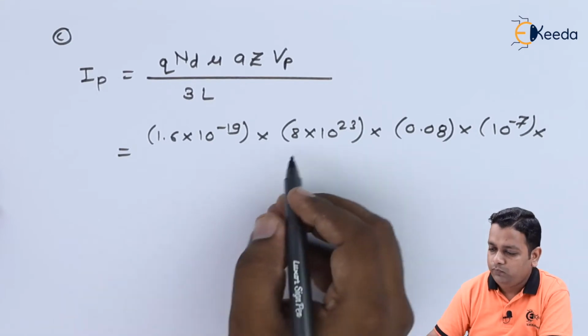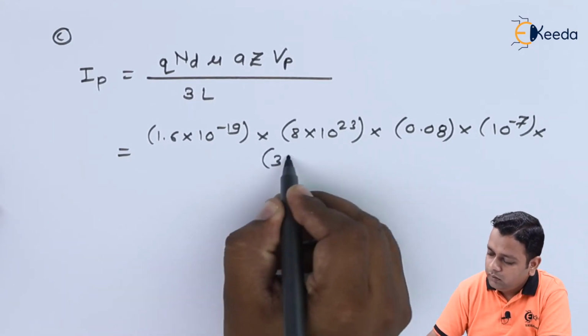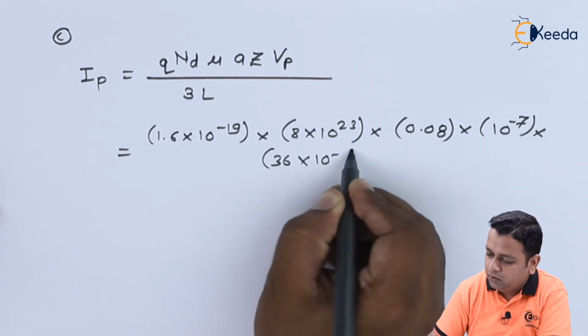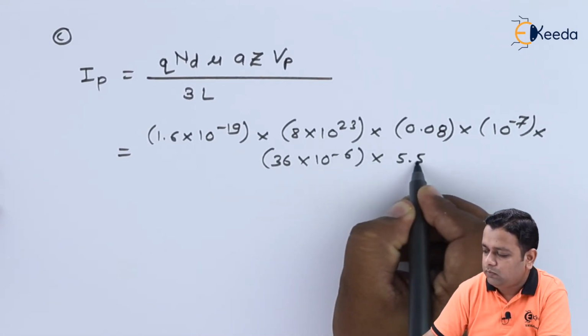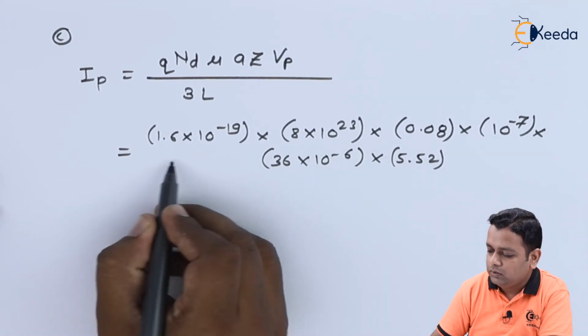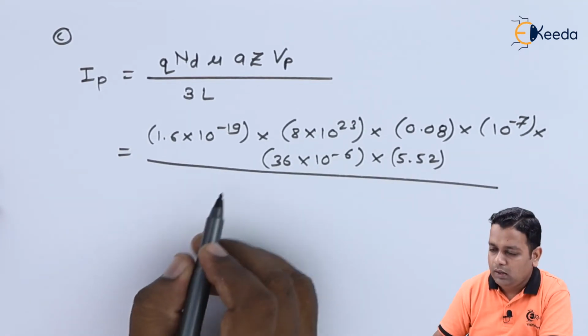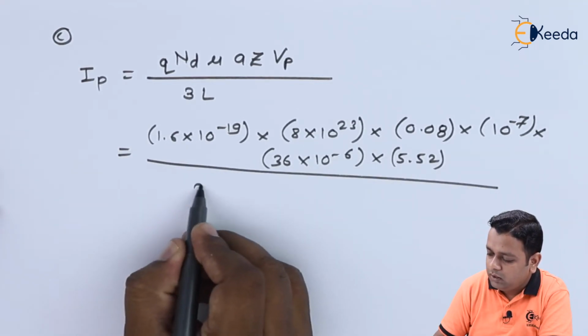The Z value here we have 36 into 10 raised to power minus 6, and lastly Vp, the obtained value is 5.52. So this is all divided by the denominator.